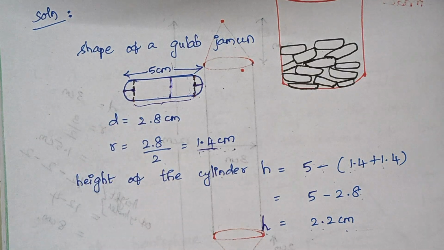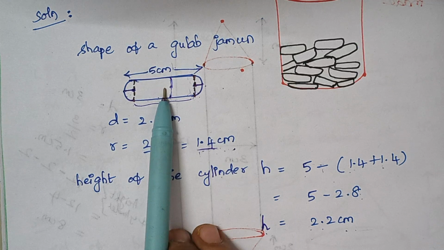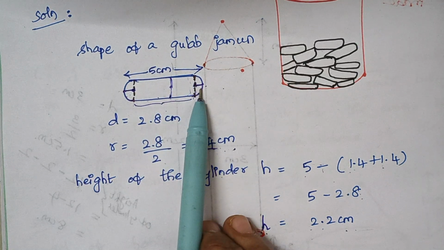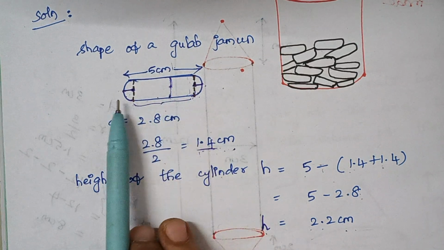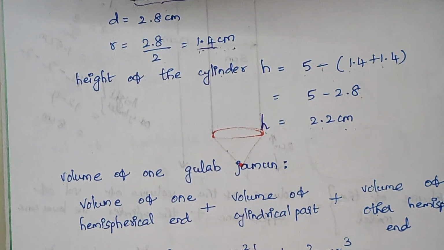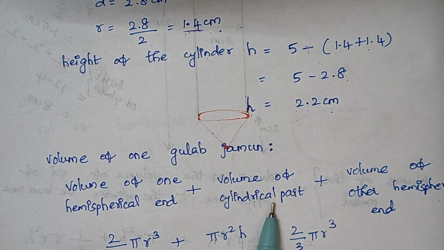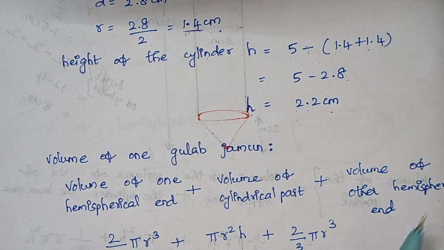We have to find the volume of this hemisphere, the volume of this cylinder, as well as the volume of this hemisphere, and add all these volumes to calculate the volume of 1 gulab jamun. So the formula is the volume of one hemispherical end, plus the volume of the cylinder, plus the volume of the other hemispherical end.